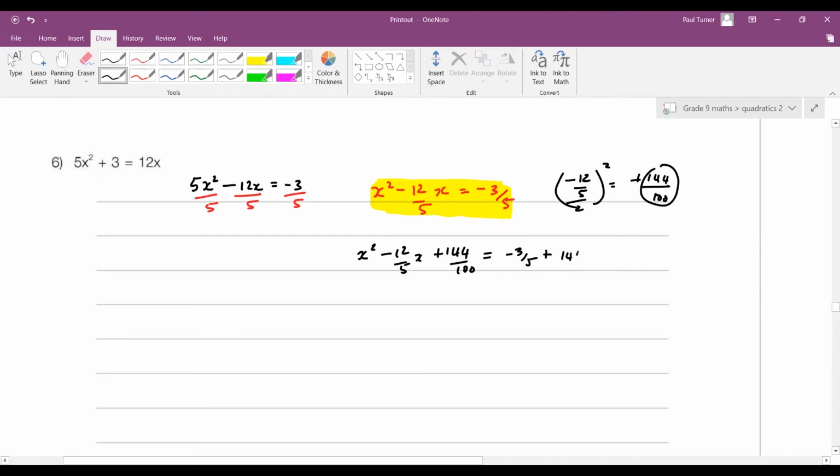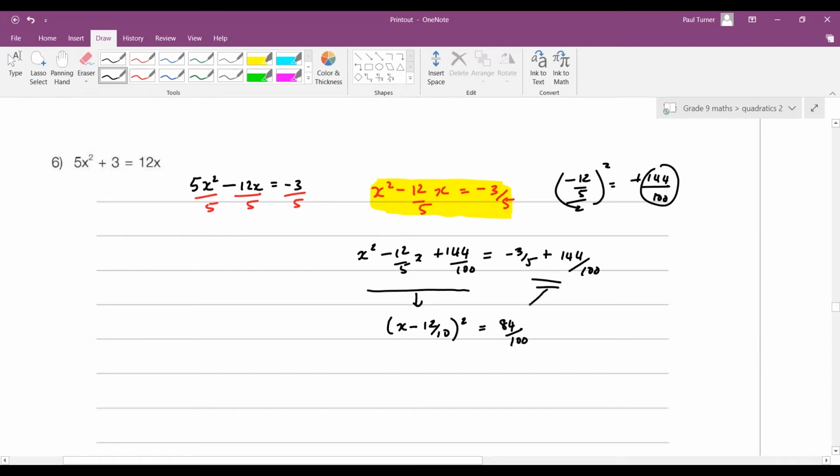plus 144 on 100. Now this here will become x minus 12 on 10 all squared, because the square root of this number. And that side you'll get 84 on 100 from this here.